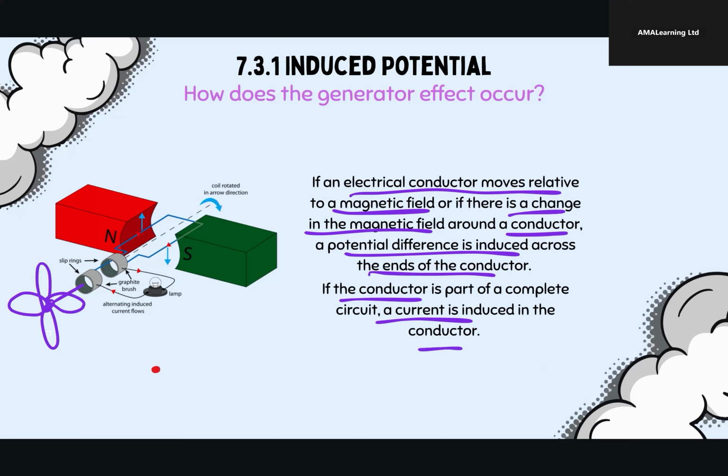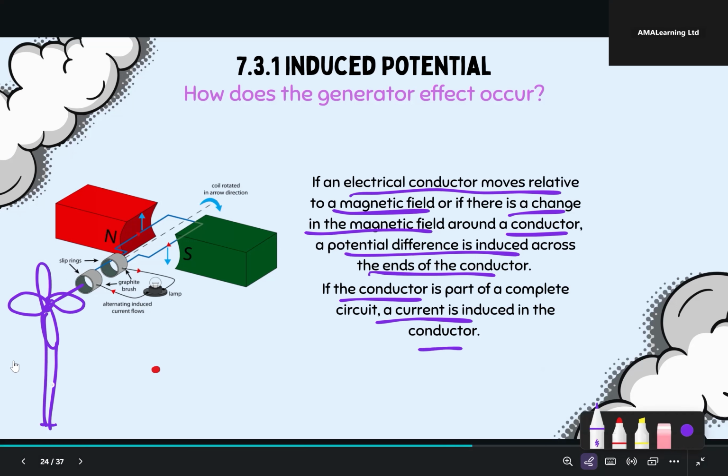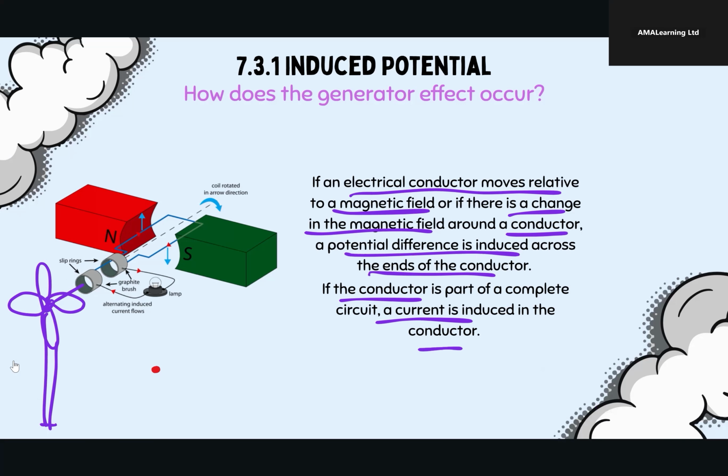Now, when that wind turbine spins, it's going to spin that coil. So, from Fleming's left-hand rule perspective, we've got motion, because we've got the thumb. We're moving it ourselves with the wind turbine.